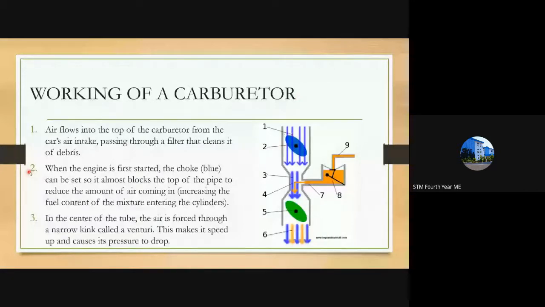Second point, you can see, we have shown the choke valve. When the engine is first started, the choke, which is in the blue color, can be set to almost block the top of the pipe to reduce the amount of air coming in, increasing the fuel content of the mixture entering the cylinders. This is to bring the engine to its optimum temperature, that is 200 degrees Celsius.